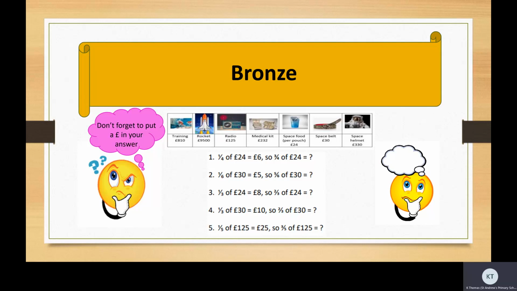So I will say 6 times 3 equals £18. So 3/4 of £24 equals £18. And that's how you'll work the other questions out. If I know this, then I know that.